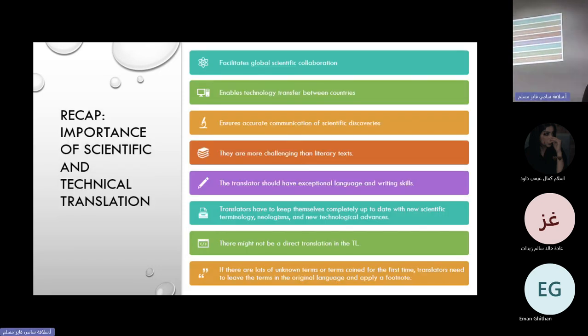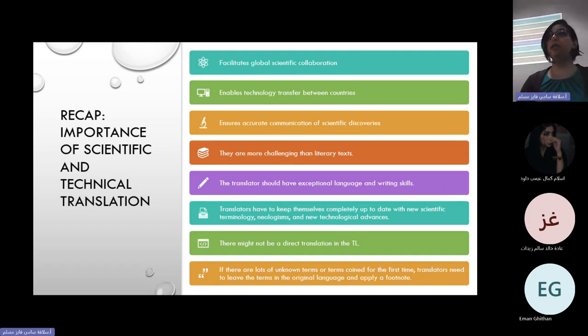What is the importance of scientific and technical translation? They facilitate collaboration. Okay, since we have experts in the field and they work with the same specialized terminologies, they have common grounds to work with and to work in collaboration with others. Enables technology transfer between countries.